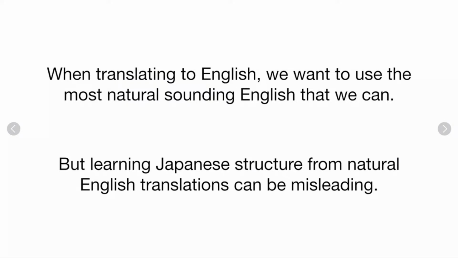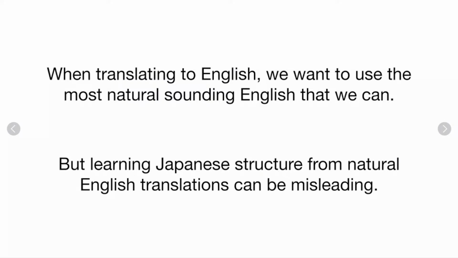So I'm going to, in many cases, translate what I've written in Japanese into English because that's the language we're using to learn Japanese. But that doesn't mean that you should internalize a natural translation as how the Japanese works. Japanese as a language is separate entirely from English. Its structure is different.